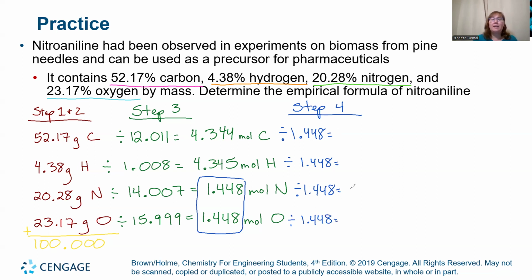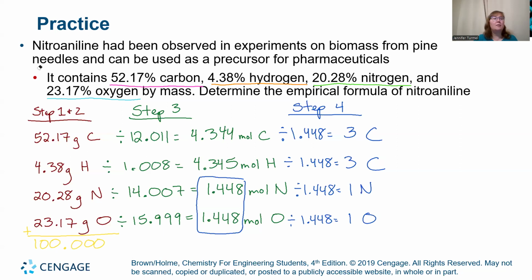So that means that we'll have 1 nitrogen and 1 oxygen, because you're multiplying by the same thing. And then we get that 4.344 divided by 1.448. And now what we're doing is we're pretty much going to sort of round these like so. And so that becomes 3 carbons and 3 hydrogen.